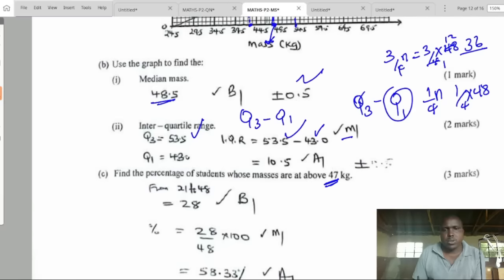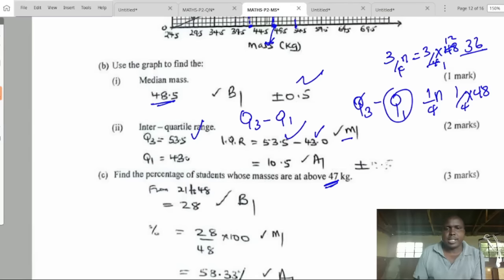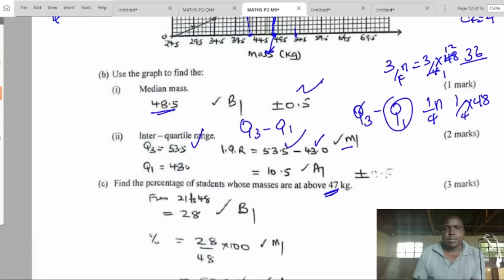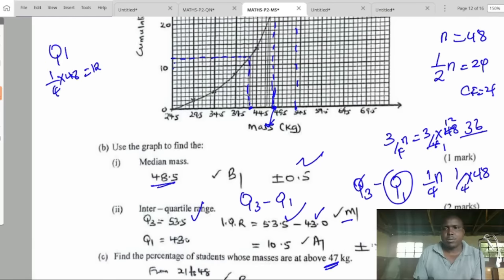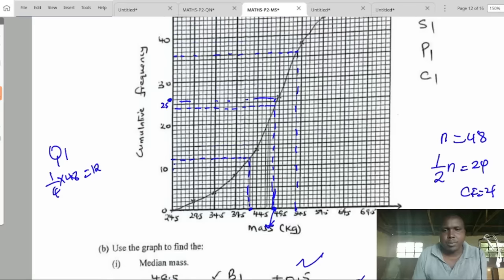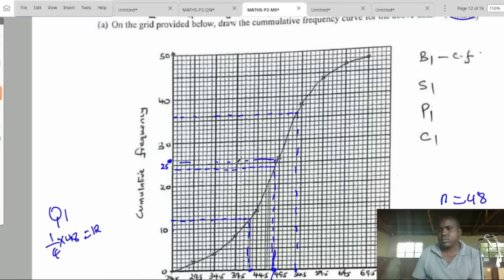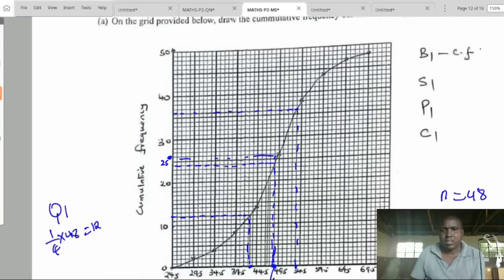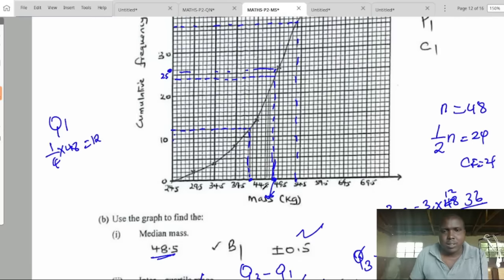The percentage of students whose masses are above 47, that one could be 20, 21. Yes, that is 21.